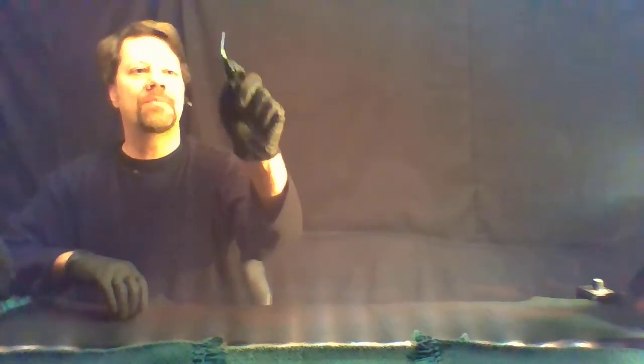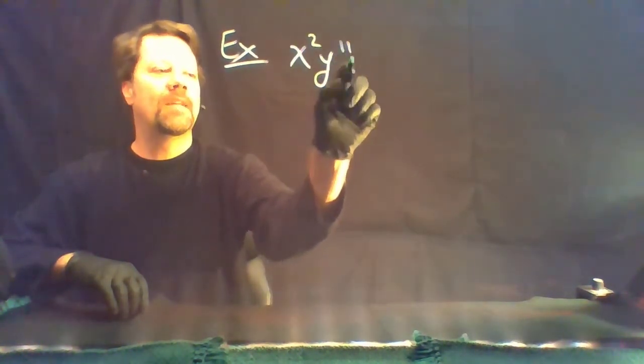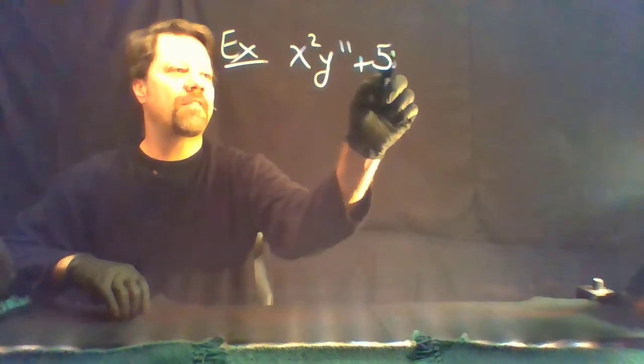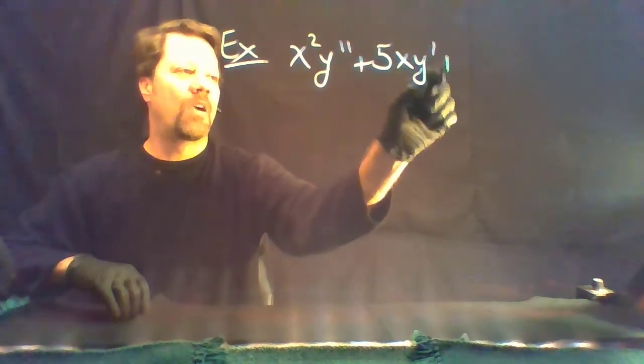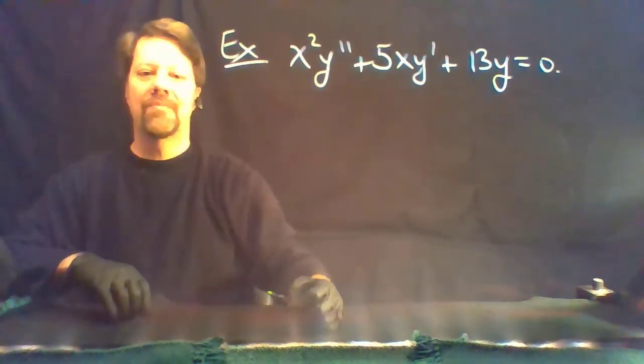For another example, let's consider x squared y double prime plus 5x y prime plus 13y equals 0.